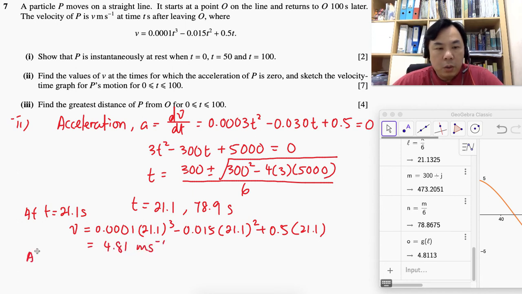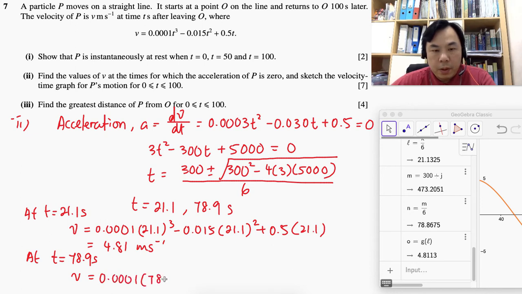And then I can do the same for when t is equal to 78.9 here. So the v will be equal to the same idea here. All I need to do is just rewrite that one more time, 78.9 cube.